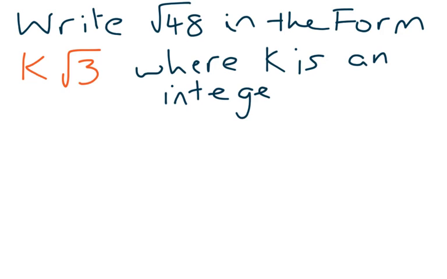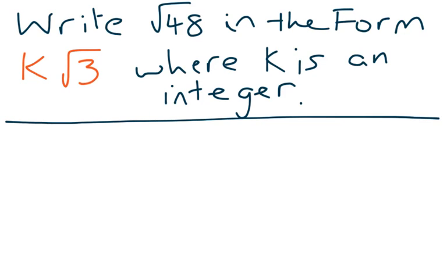Now let's have a little look what this means. Write the square root of 48. So that must be the question. I have to simplify, and it wants me to give the answer in the form k root 3. So that means that's what my answer's going to look like, where the k is just a whole number, an integer. So let's just go ahead and simplify root 48.